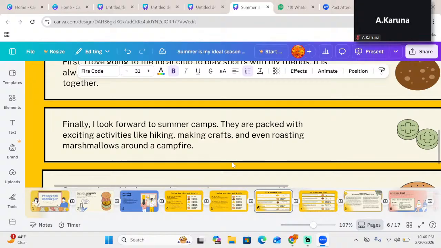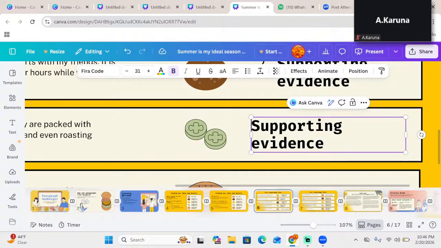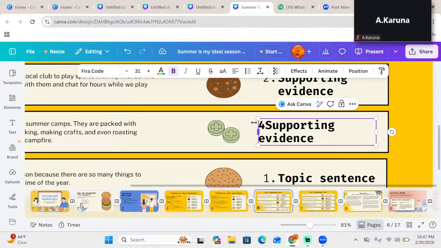They are packed with fun activities like hiking, making crafts, and even roasting marshmallows around a campfire. This is going to be your last supporting evidence because it's another specific example, going to summer camps, and it has the transition word finally, which shows it's the last thing. Your last supporting evidence. So this is number 4.